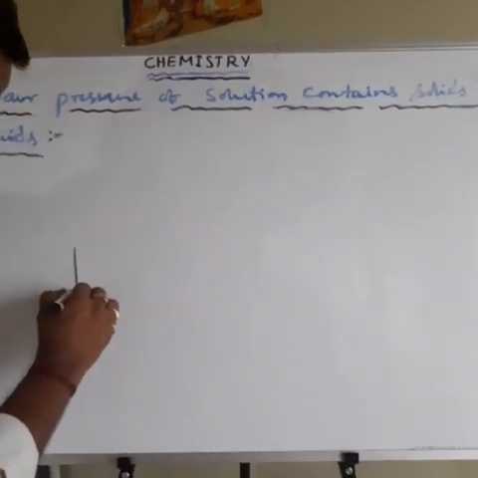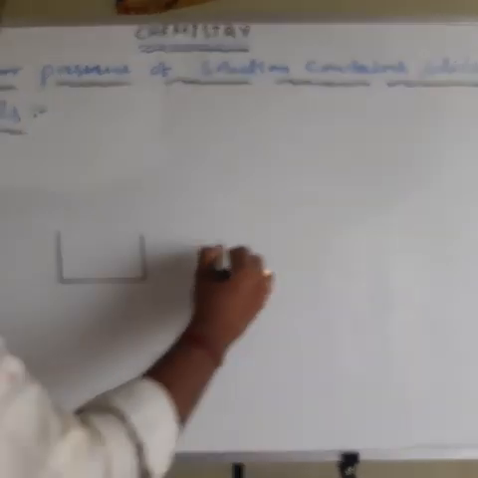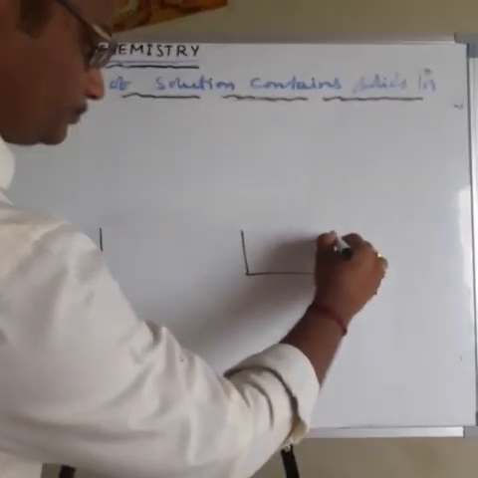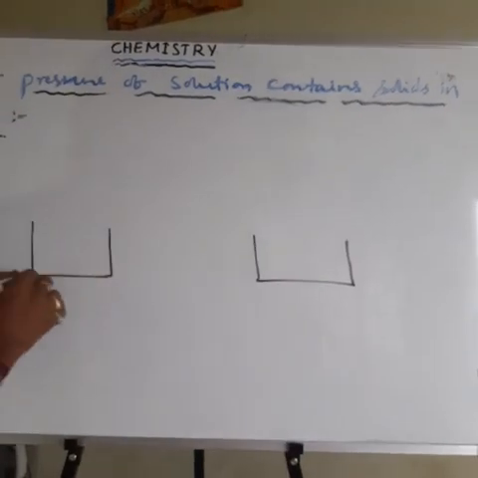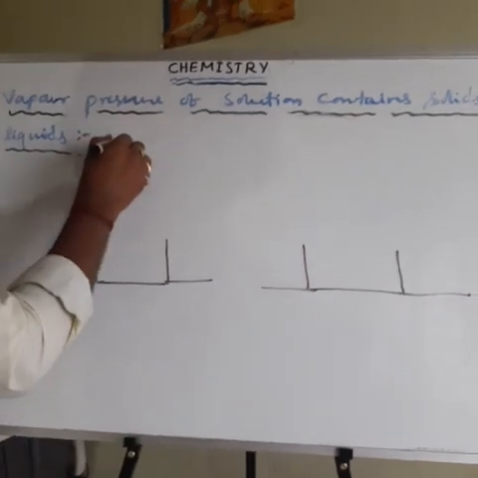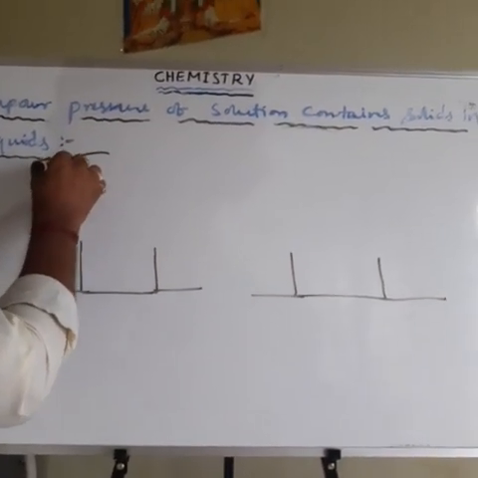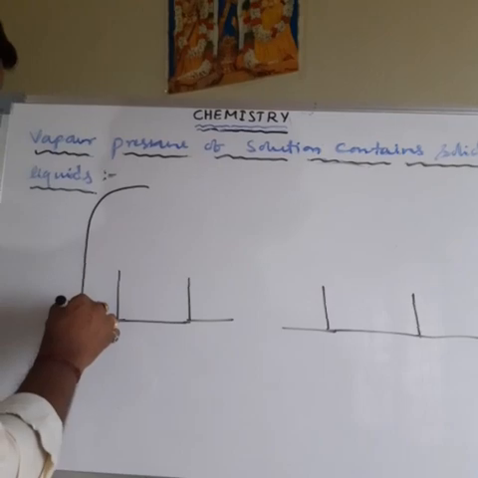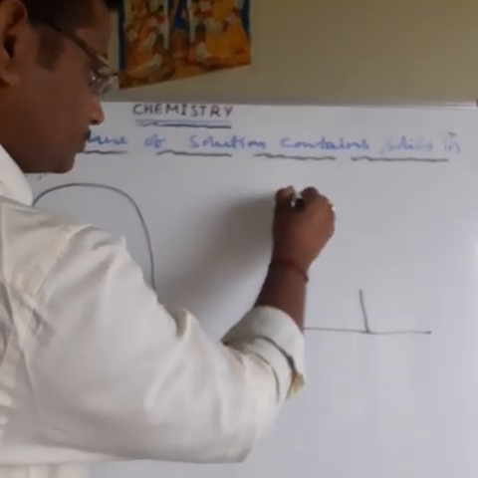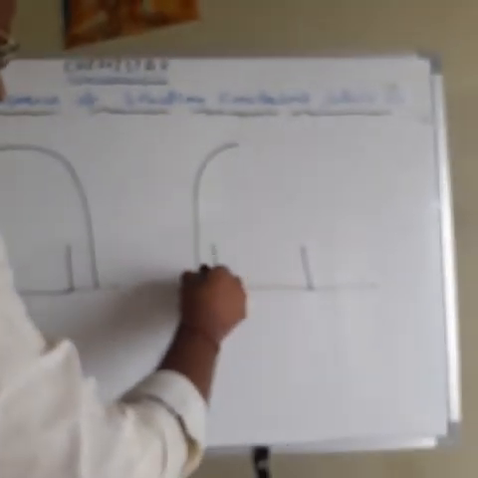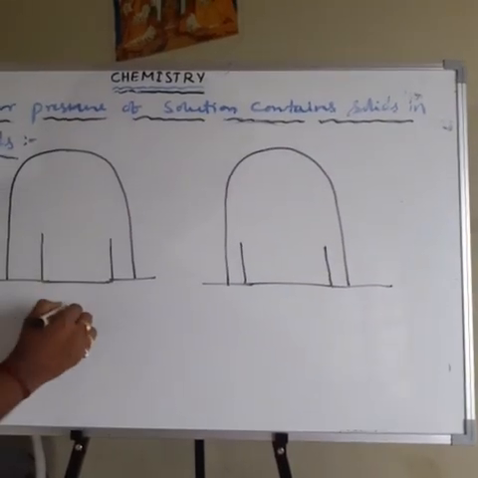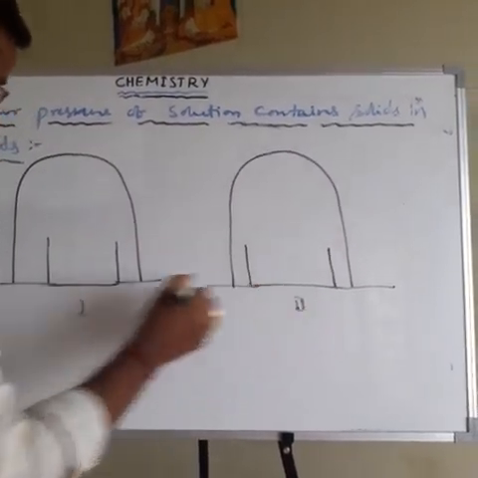Okay, see, this is a beaker, and this is another beaker. This is a glass bowl, and this is another glass bowl. This is the first beaker, this is the second beaker.